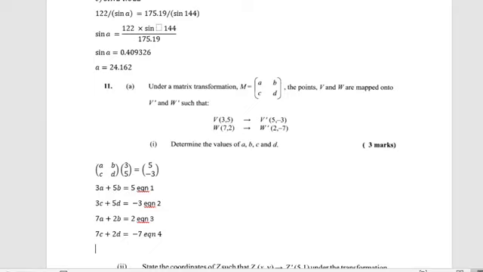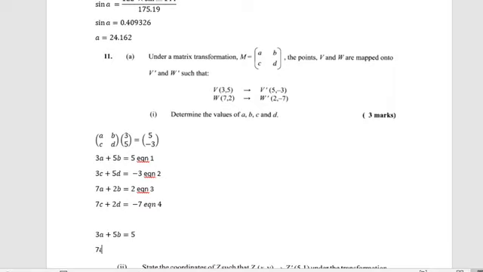So taking equation 1 and equation 3, what we'll have is 3A plus 5B is equal to 5, and 7A, as they have the similar variables, 7A plus 2B is equal to 2.